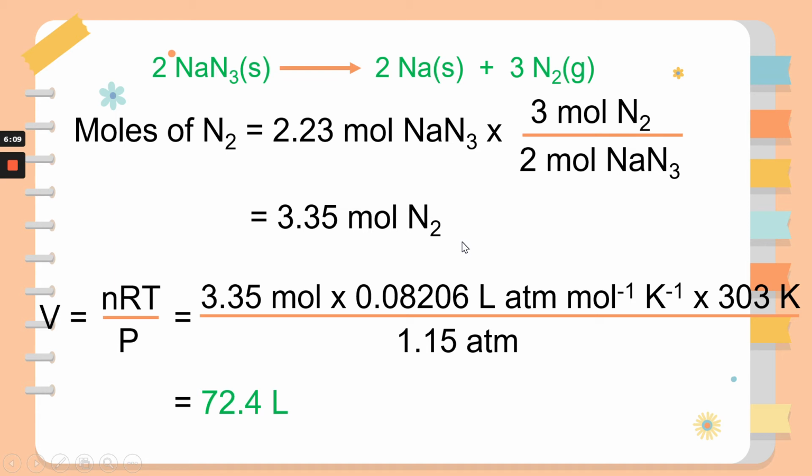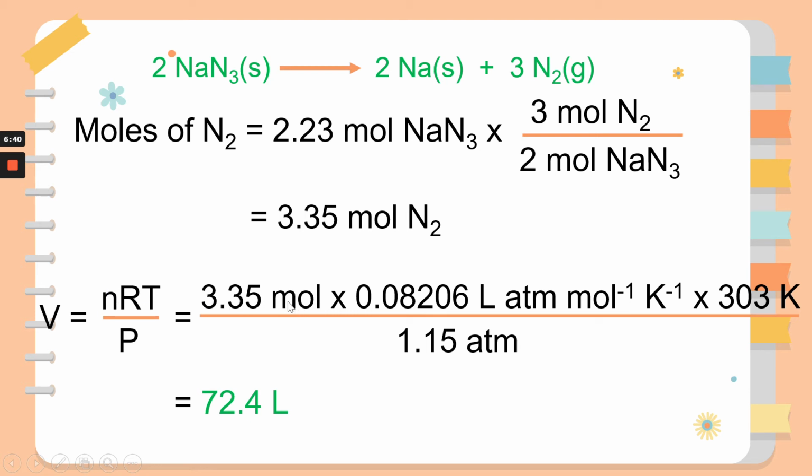After we know the moles of nitrogen, we can substitute all the data that we have into the ideal gas formula, PV equals nRT. Now we want to know the volume, so we rearrange the formula: V equals nRT over P. We know n for nitrogen, 3.35 moles.